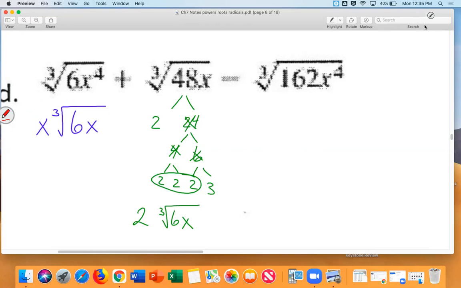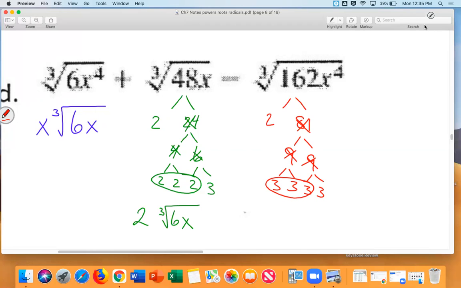All right, Justin, let's deal with 162. Give me 2 numbers that go into 162. Give me 2 numbers that go into 81. And that's a good one to pick because 9 breaks down to 3 and 3. So there's a group of 3, right?